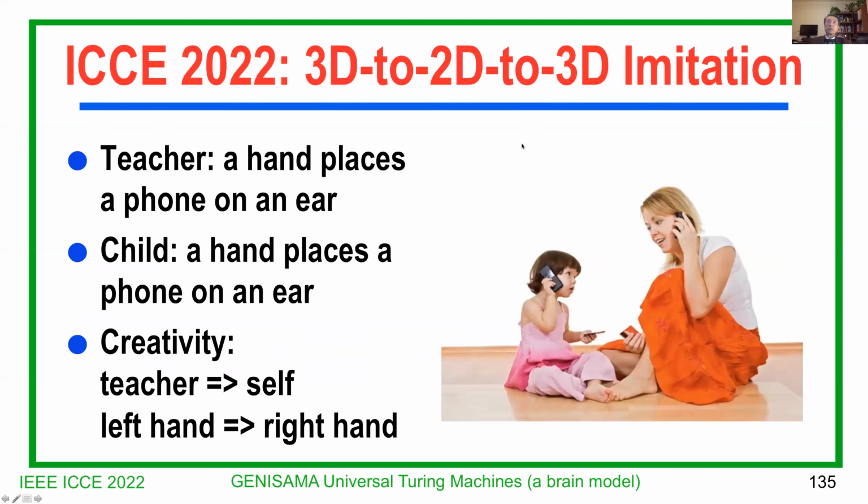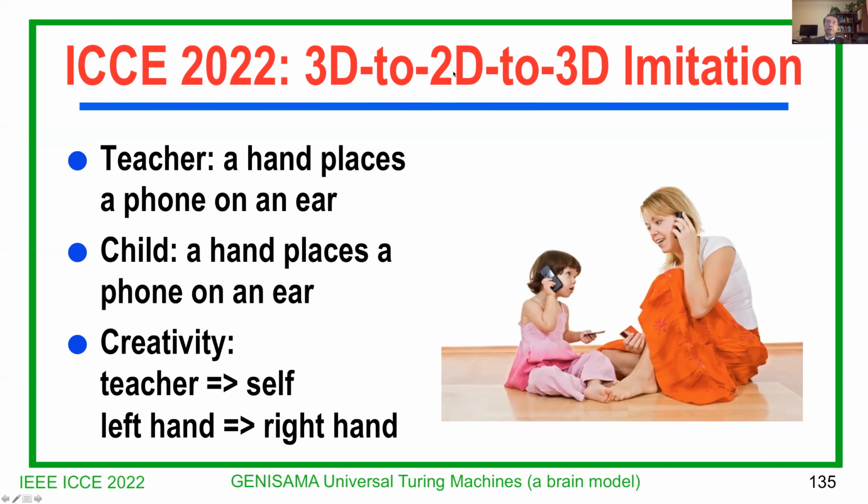Now this new topic is about unsupervised learning. With unsupervised learning, you don't really need sensory motor supervision. So ICCE conference this year: 3D to 2D, back to 3D. From 3D to 2D, if you teach 2D, it is sensory motor learning because it's 2D images and 2D motor.